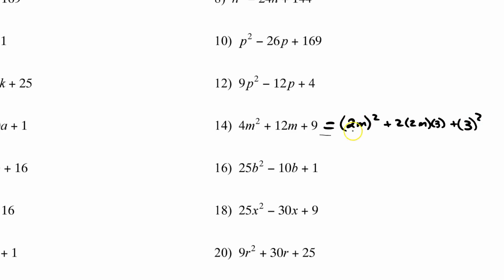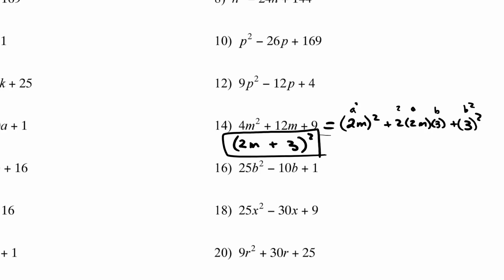I know that my a is going to be 2m because (2m) squared is 4m squared. So that means 2 times 2m times 3. This is like my a squared, this is like my 2ab, and this is like my b squared. So I know that in factored form I am going to get (2m plus 3) squared.